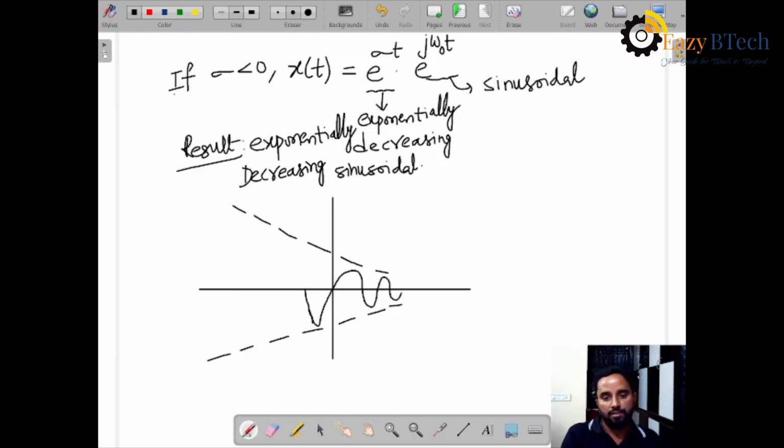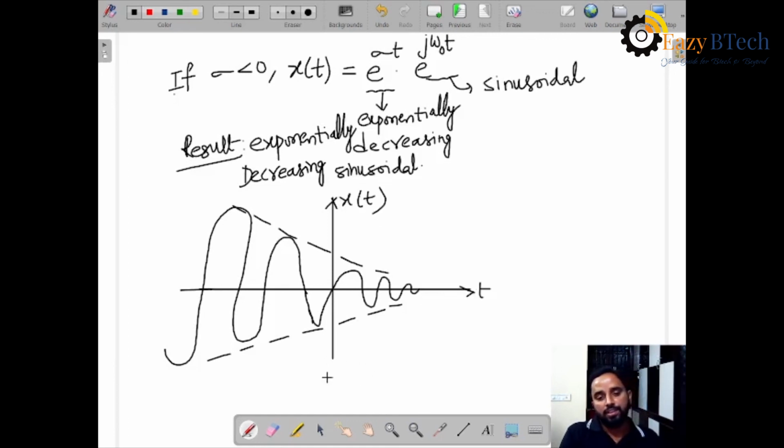This is the answer now. So these are the three cases in the complex exponential signal.